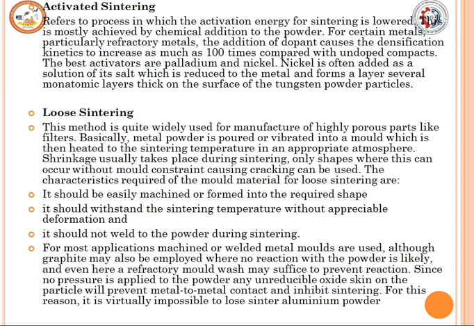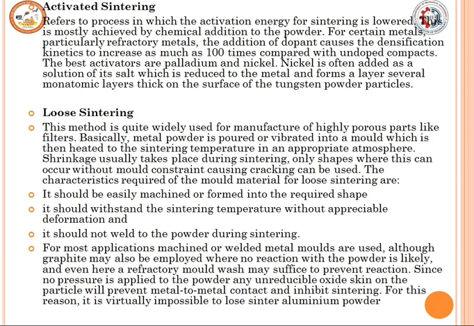Loose sintering is applied to manufacture highly porous parts like filters. Basically, metal powder is poured or vibrated into a mold, which is then heated to the sintering temperature in an appropriate atmosphere. Shrinkage usually takes place during sintering, so only shapes where this can occur without mold constraint causing cracks can be used.